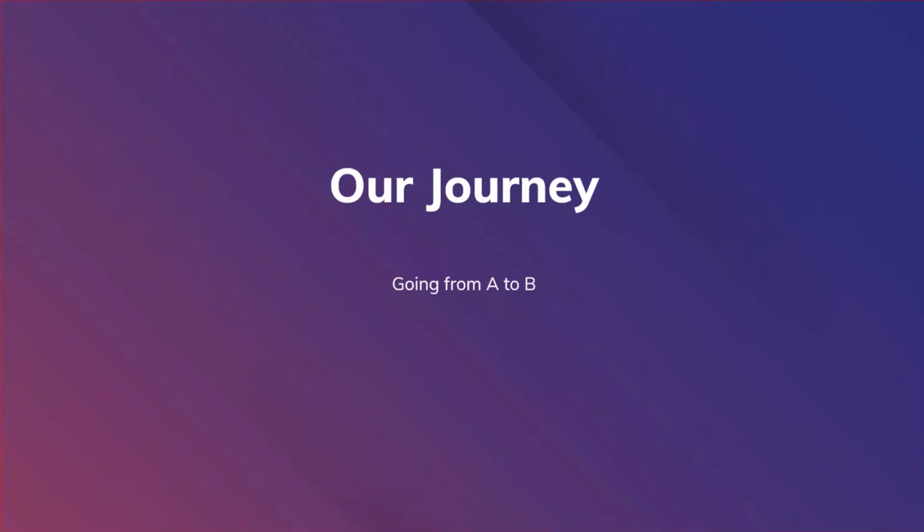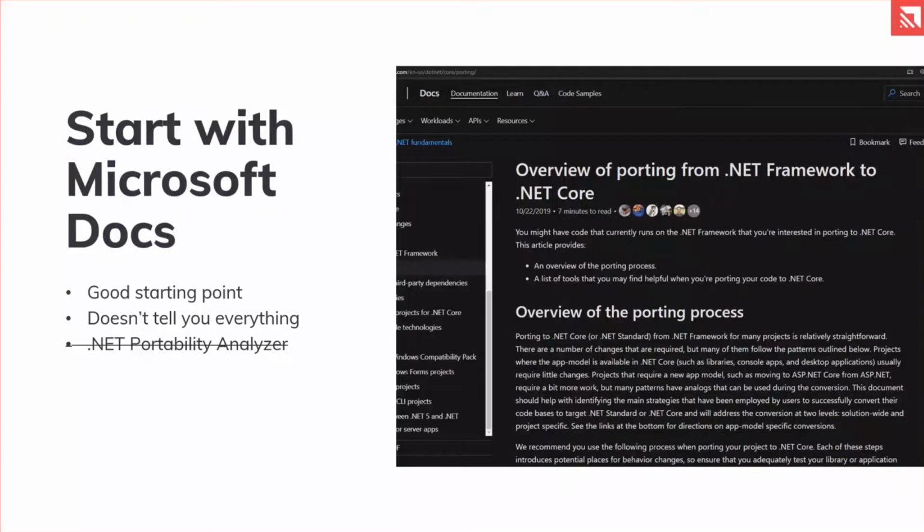All right, so diving into section 2, what was our journey? How did we go from .NET Framework to .NET Core? The first thing I started out with, and I recommend everyone doing, is reading the Microsoft docs. There are 2 documents you can look at: one general for .NET Framework to .NET Core, and one specific for ASP.NET to ASP.NET Core.